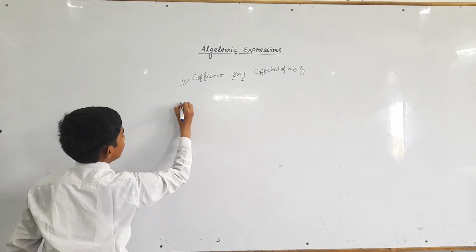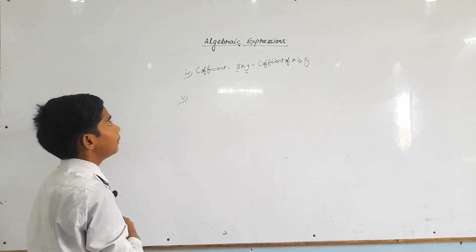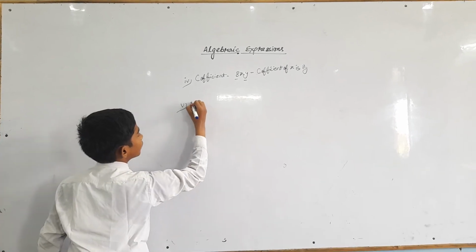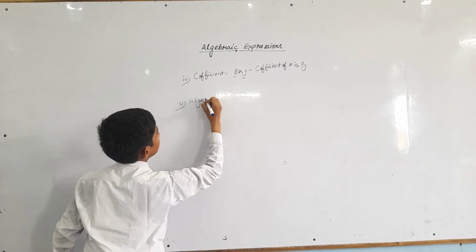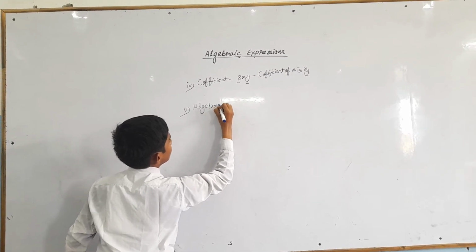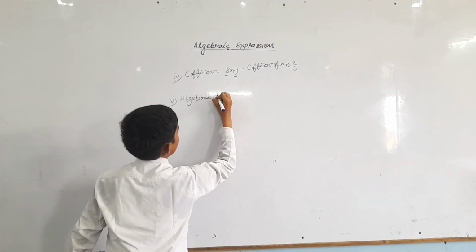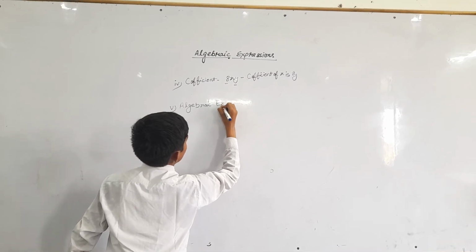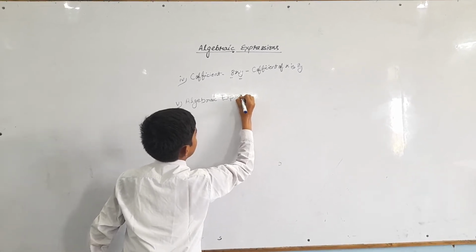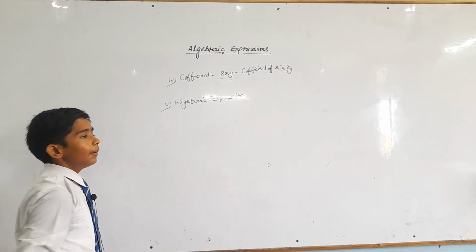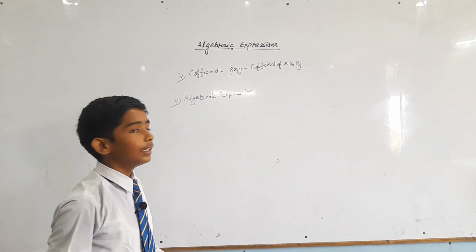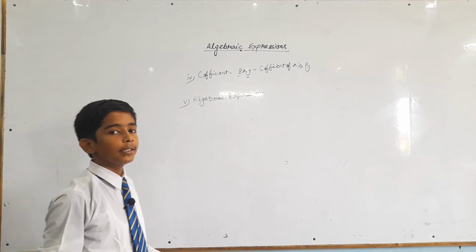Then we move to my fifth and main topic, algebraic expression. An algebraic expression is a combination of variables and constants separated by the four basic fundamental signs.